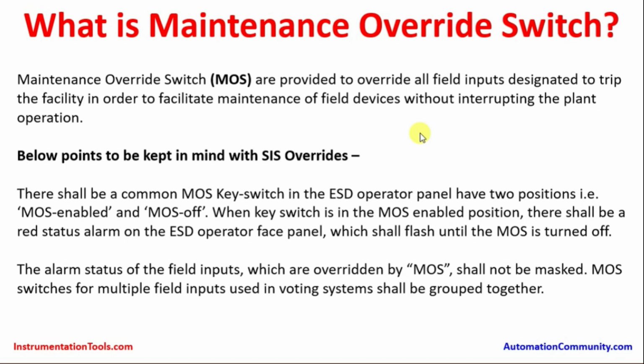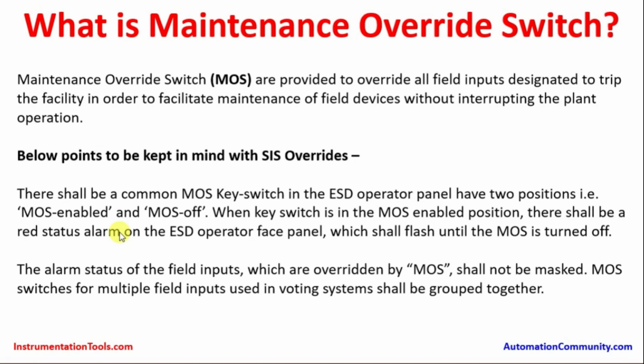So always the facilities are engineered in such a way that maintenance override switches are provided wherever it is very critical, and the operations are trained and given a procedure to use this at the right time, in the right way. Below points are to be kept in mind with SIS overrides.